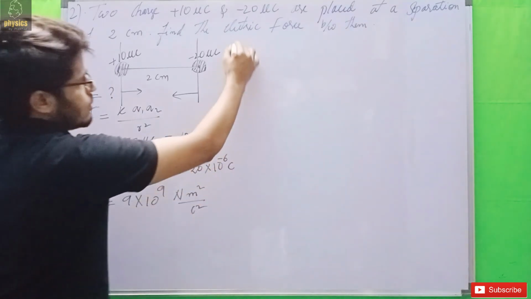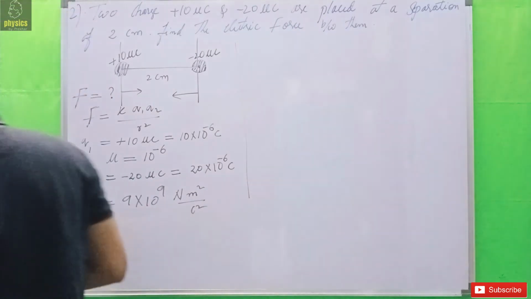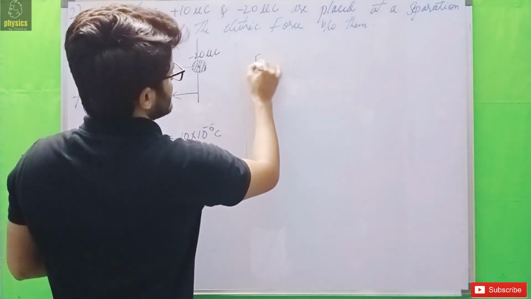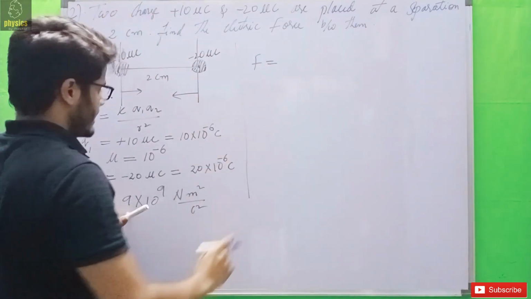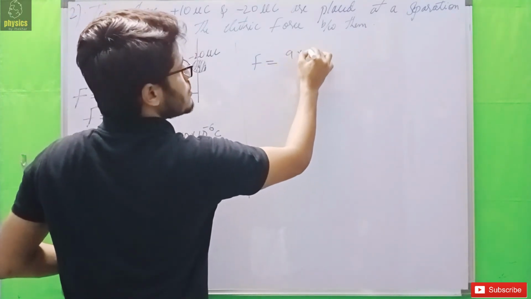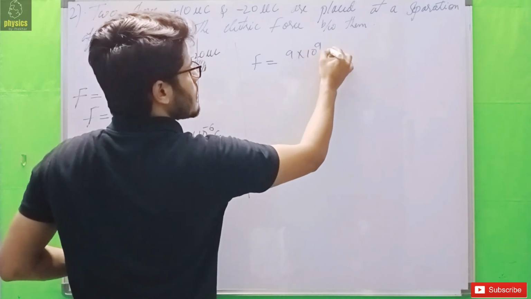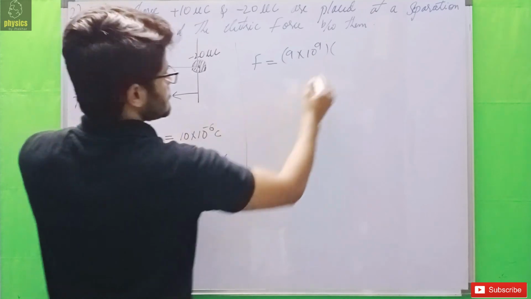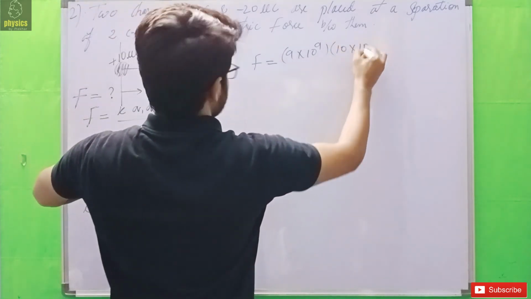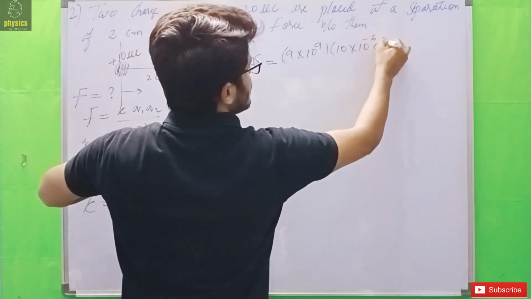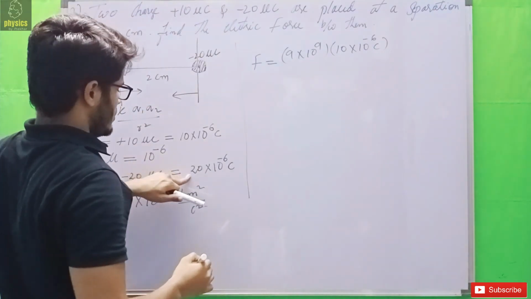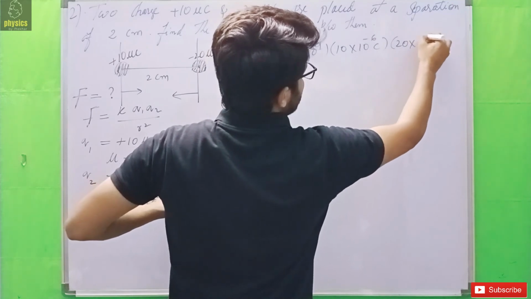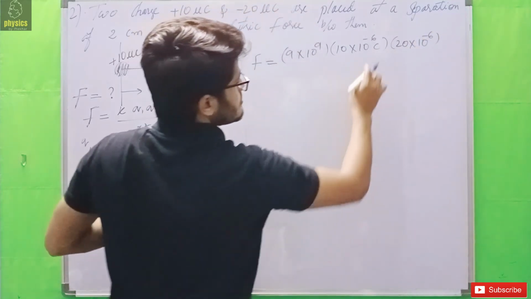Now substitute all the things. F is equal to K value 9 into 10 power 9, Q1 value 10 into 10 power minus 6 coulombs, Q2 value 20 into 10 power minus 6 coulombs.